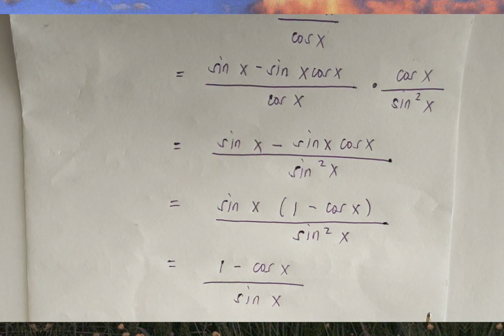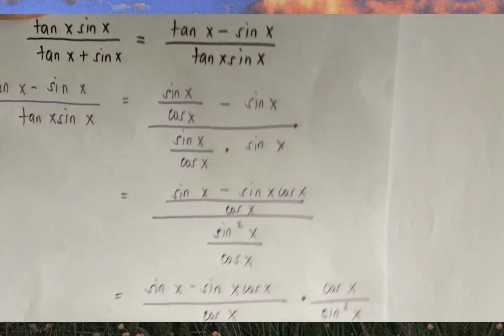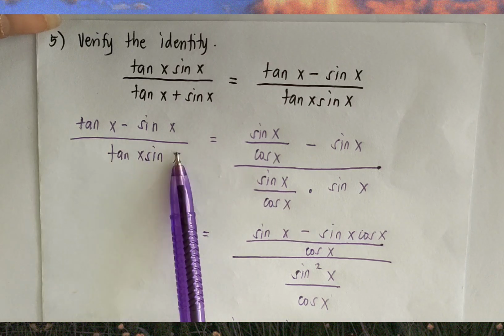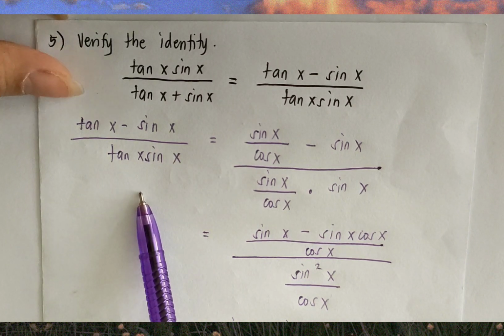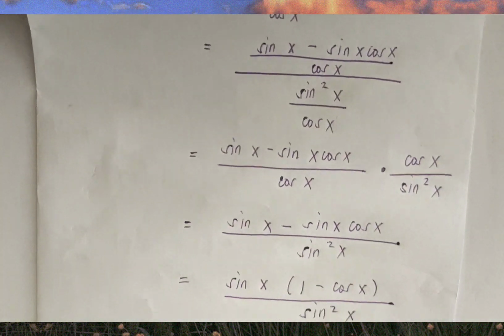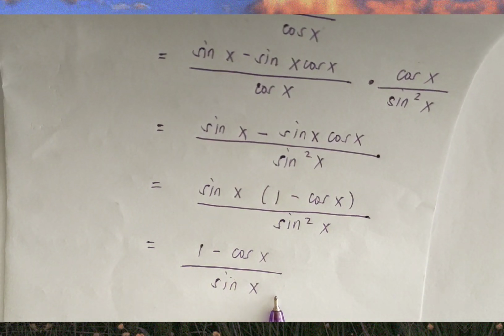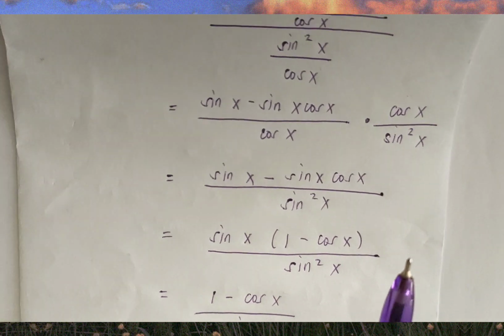Okay, this is our answer for the right side, which is tangent x minus sine x all over tangent x sine x. So stand by: 1 minus cosine x all over sine x.